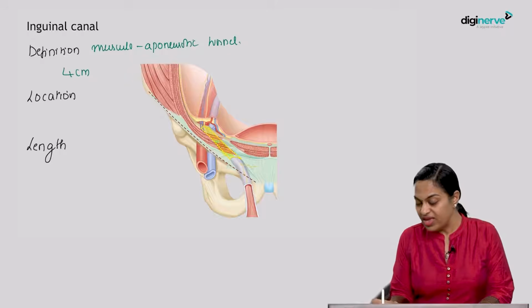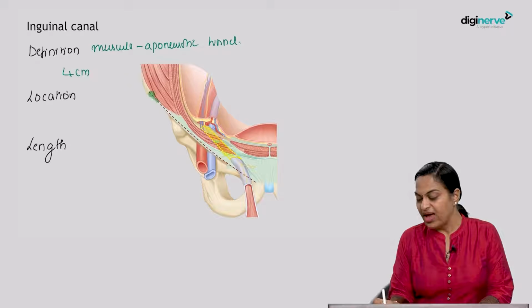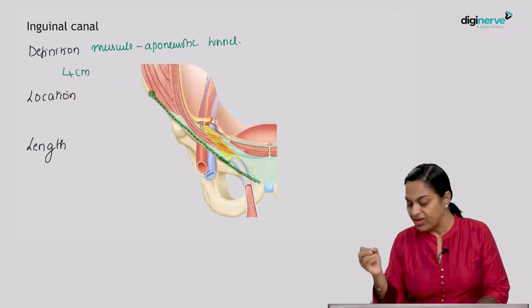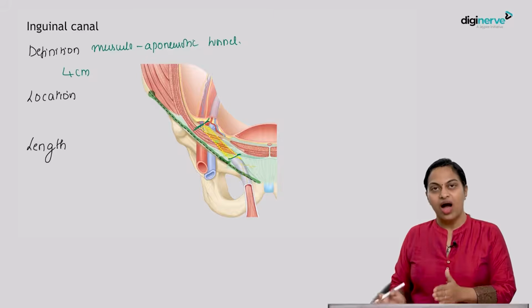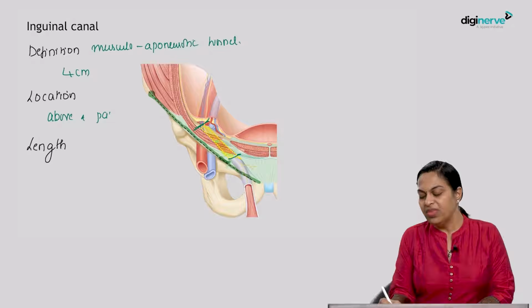We know this is the inguinal ligament that extends from the anterosuperior iliac spine to the pubic tubercle here. This inguinal canal is situated just above and parallel to the medial half of the inguinal ligament.